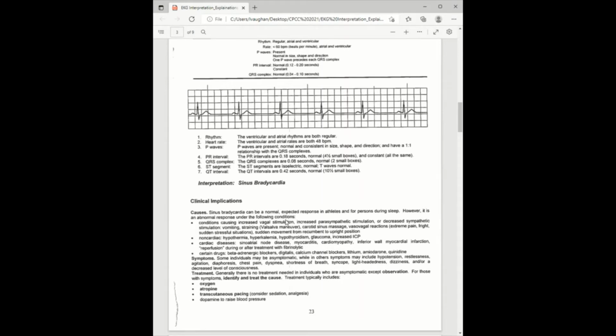Conditions such as vagal stimulation, increased parasympathetic stimulation, and decreased sympathetic stimulation, non-cardiac hypothermia, hyperkalemia, hypothyroidism, glaucoma, and increased intracranial pressure can all cause bradycardia.